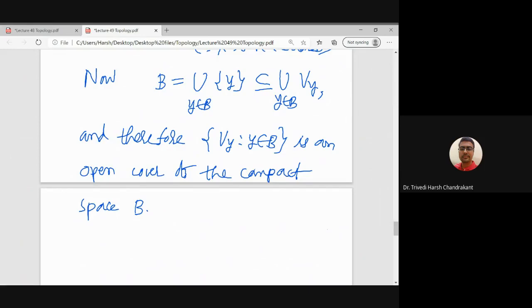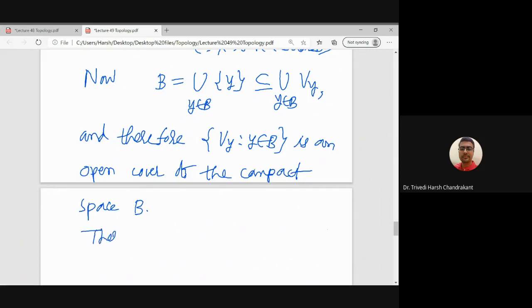So now what can we say using compactness? Compactness says that every open cover contains a finite subcover.